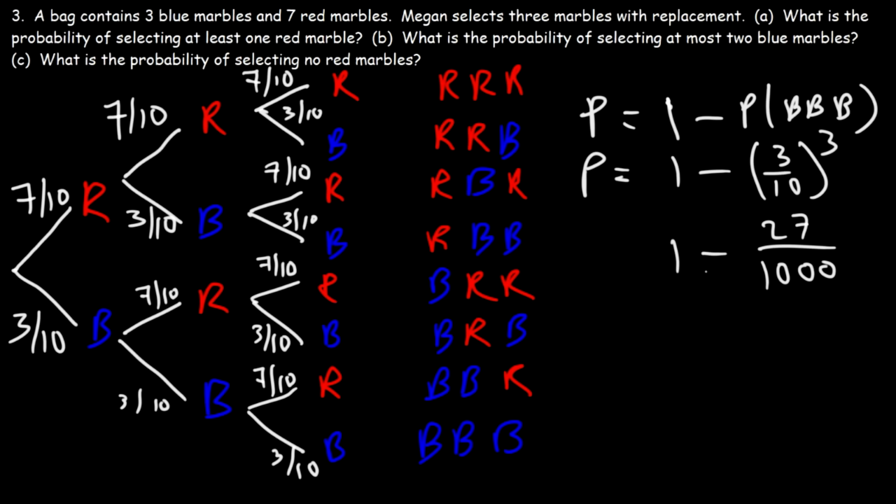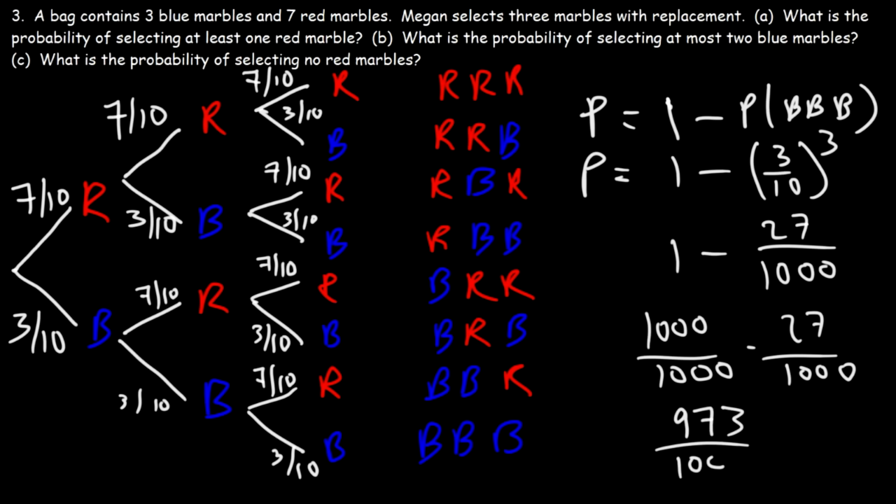And we need to get common denominators here. 1 is the same as 1,000 over 1,000. 1,000 minus 27 is 973. So this is the answer. As a decimal, it's 0.973. As a percentage, it's 97.3%. So there's a 97.3% chance of selecting at least 1 red marble.